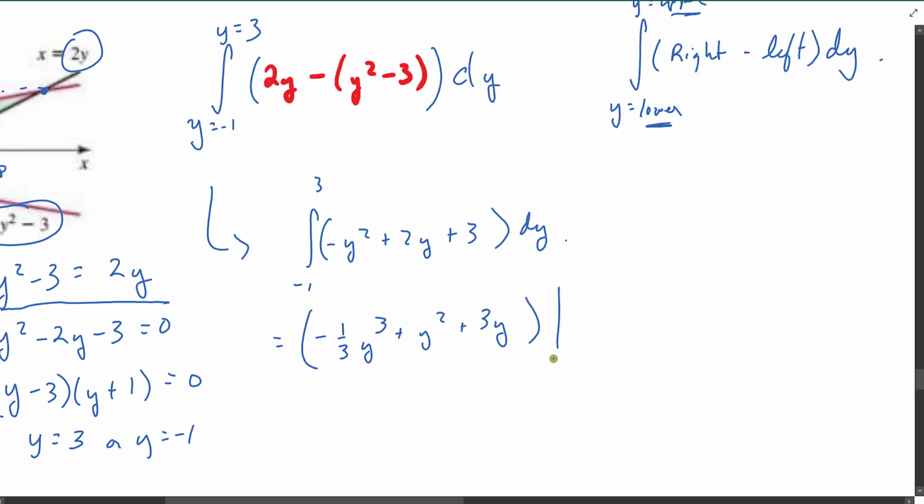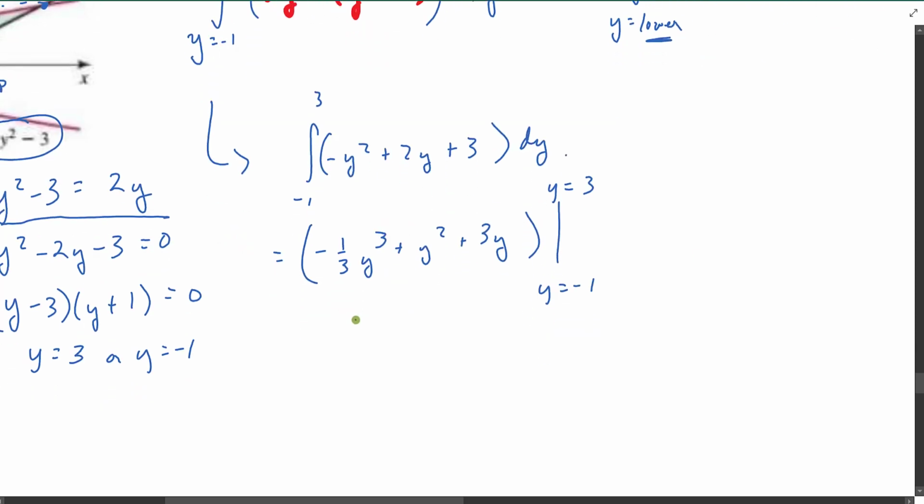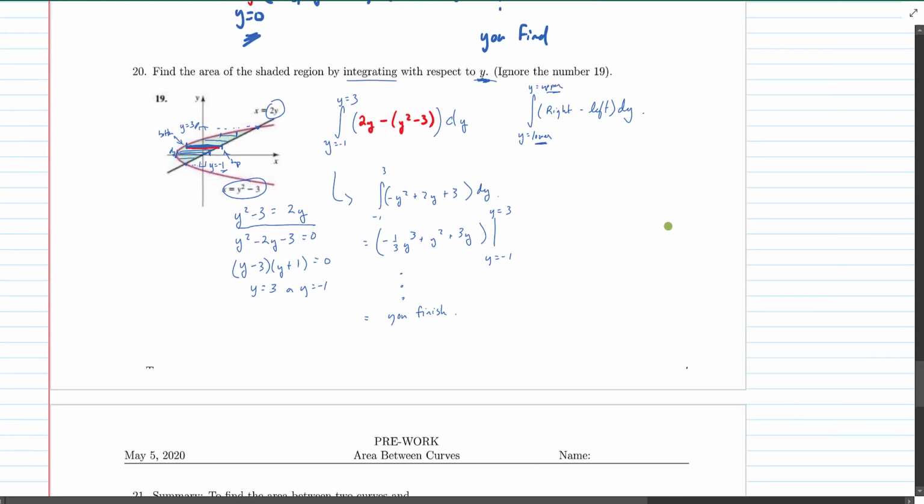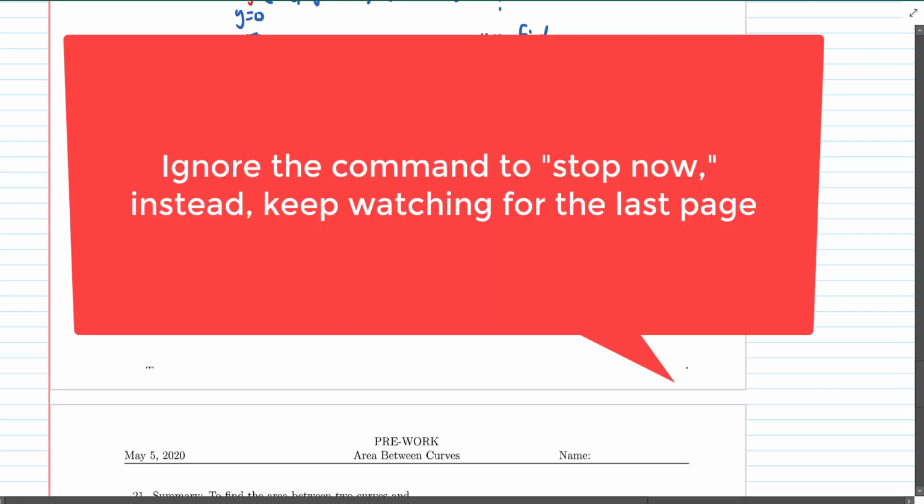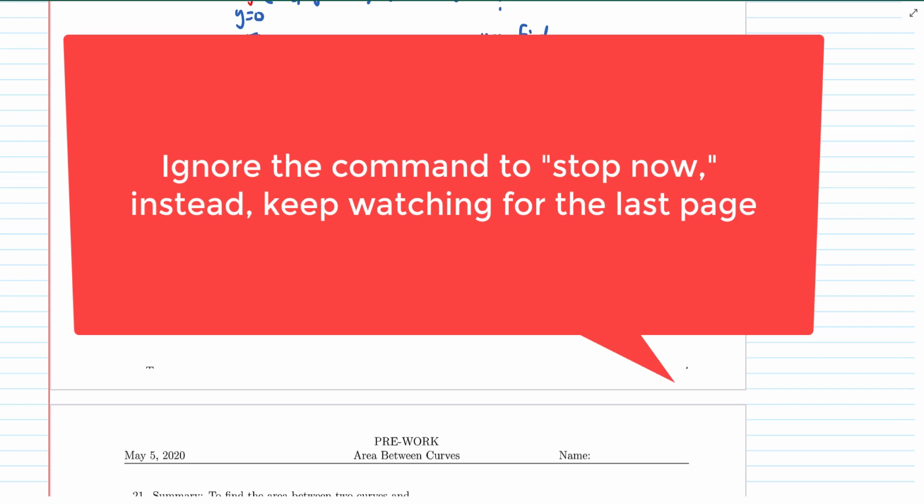And we're going to evaluate that from y equals negative 1 to y equals 3. And let me just let you finish. Okay, so I'll let you finish that out. But that's how we integrate with respect to y, and in some cases, integrating with respect to y will make our lives quite a bit easier. All right, we'll go ahead and stop now, and we'll pick up the last bit of information on the next page.